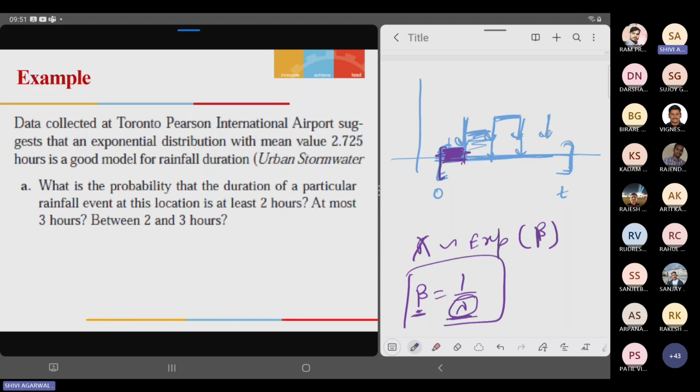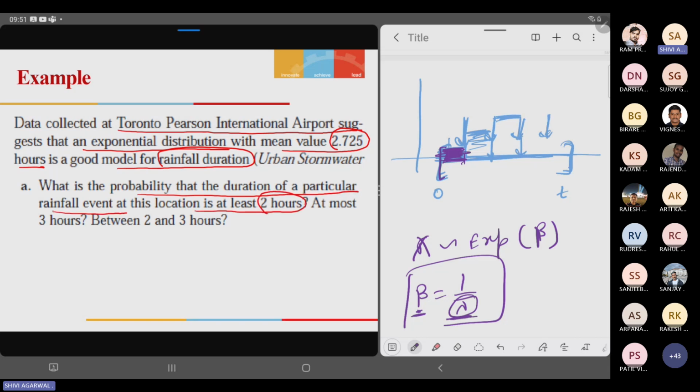Now one question we are doing. Data collected from Toronto Pearson International Airport suggested that an exponential distribution with mean value of 2.725 hours is a good model for rainfall duration. Now what is the probability that the duration of a particular rainfall event at this location is at least 2 hours?